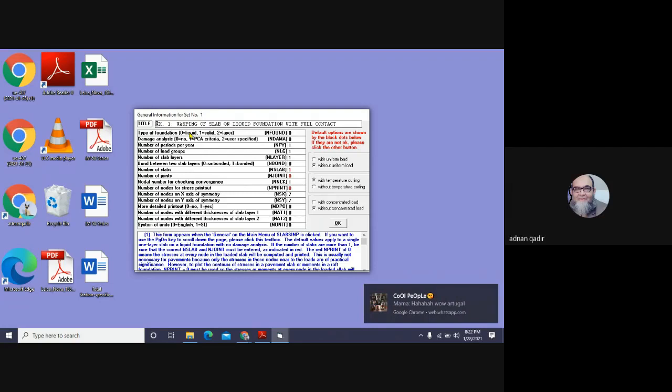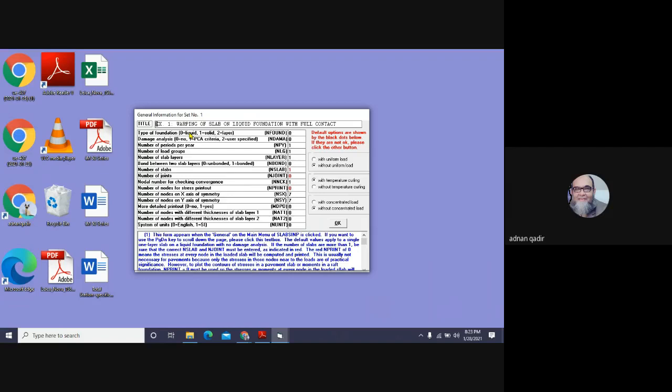For this example, we have taken 7 nodes, and the number of nodes on the y-axis is also 7. So the slab on the x-axis is divided into 7 panels, and the slab on the y-axis is divided into the same number of points, that's 7.